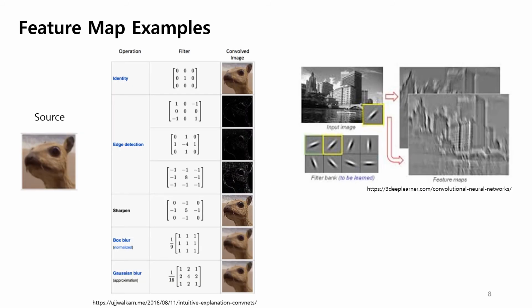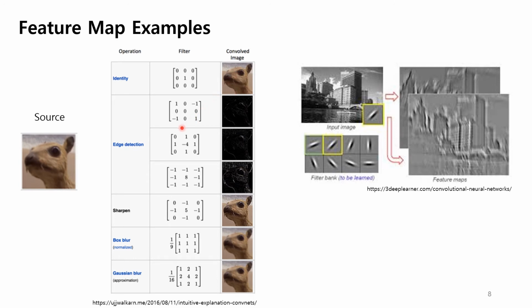This slide shows some examples of feature maps. In this case, we have the original image here, and these are the filter values, the weight values. By applying this filter across the image, we get these convolved images.